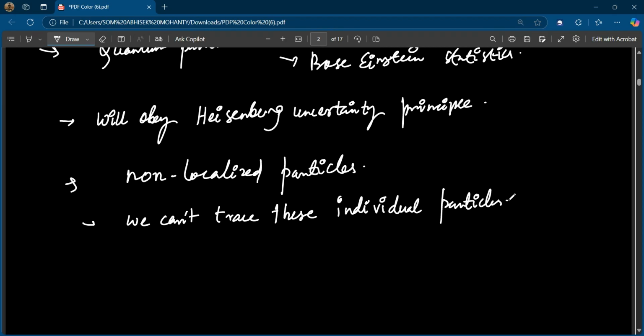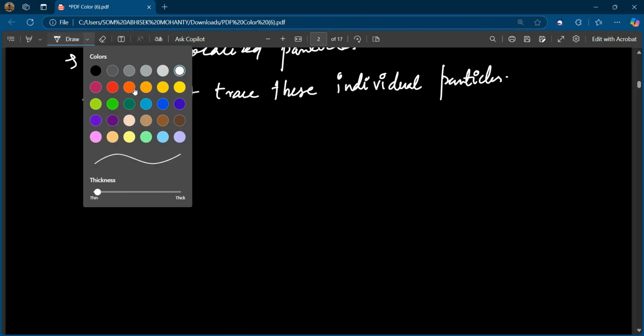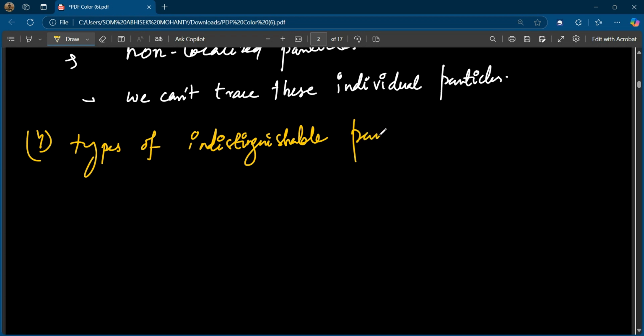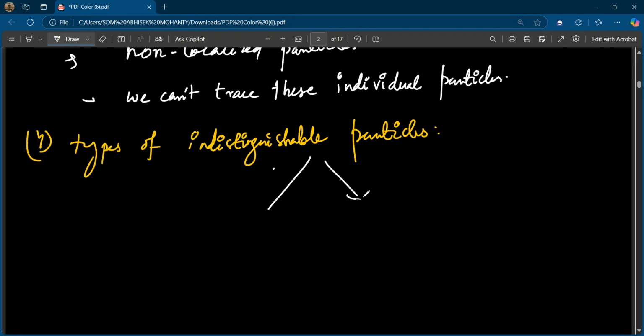Now, what are the types of indistinguishable particles? There are two types: fermions and bosons.